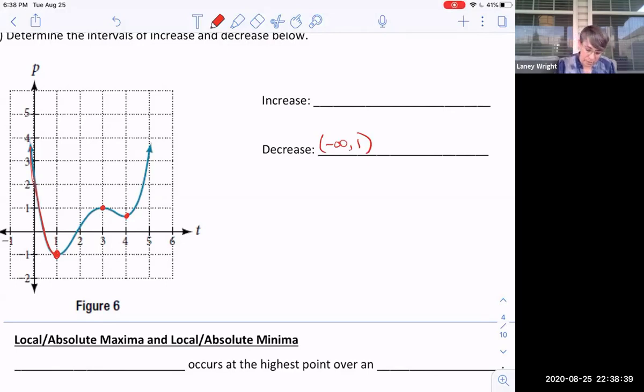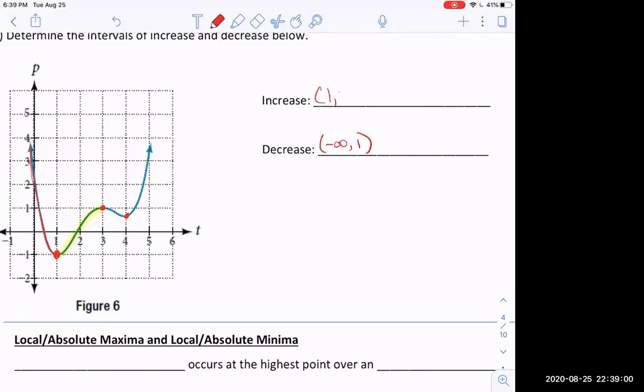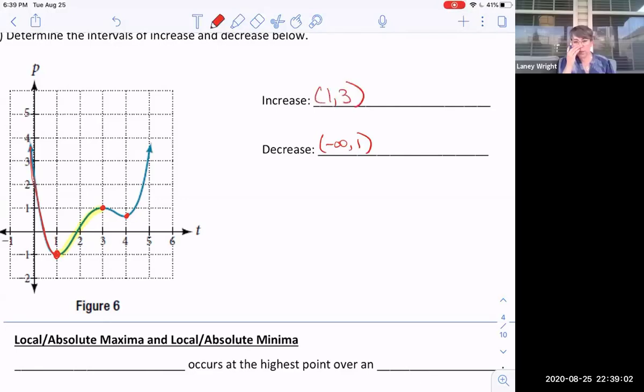So let's look at this middle guy here. Between those 2 points, they're in yellow. Notice that it is increasing left to right between 1 and 3. So notice I'm not using the y value of 1. I'm talking about these x's here and these x's here.